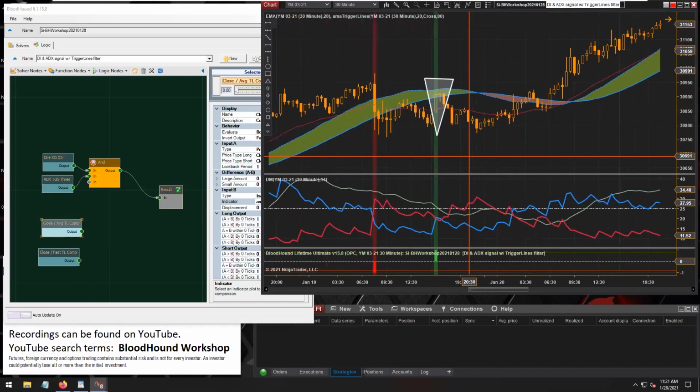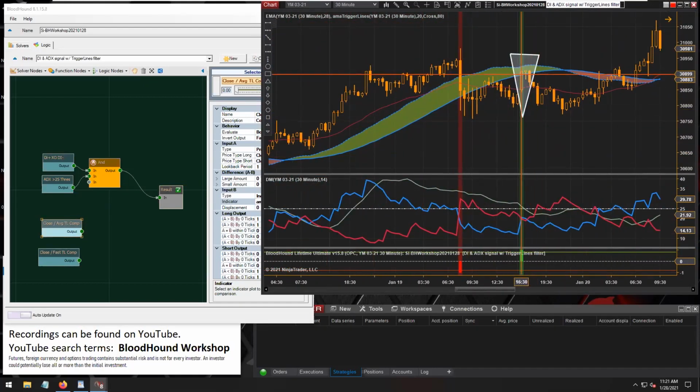Unless, yeah, so here's our example here. This is a possible long signal, but we need to compare the closing price to the average. No, the faster trigger line.